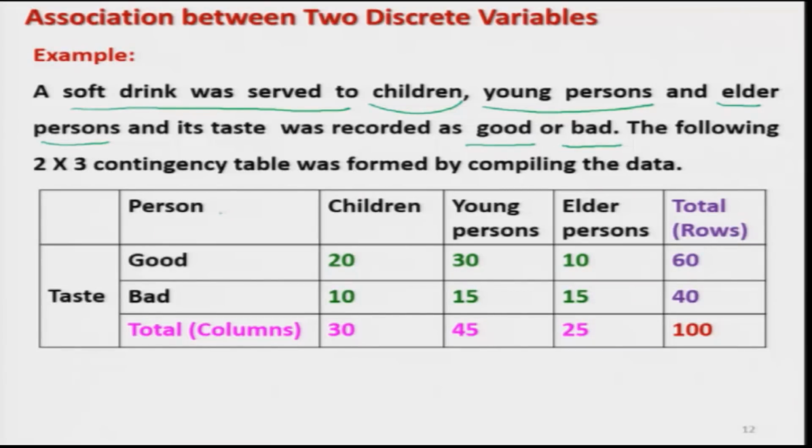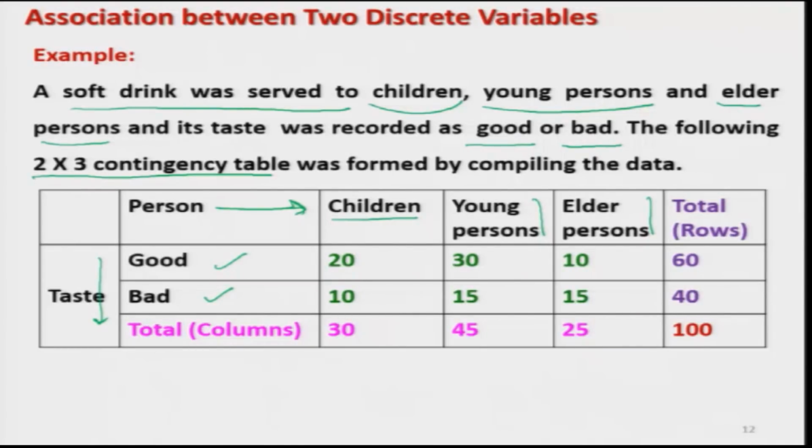For example, you can see here in the row, the data I have obtained has been counted and compiled in a 2×3 contingency table as follows. You can see here in the rows I am writing the 3 classes of children, young persons and elder persons, and in the columns I am taking another variable, taste, which has 2 classes, good and bad.